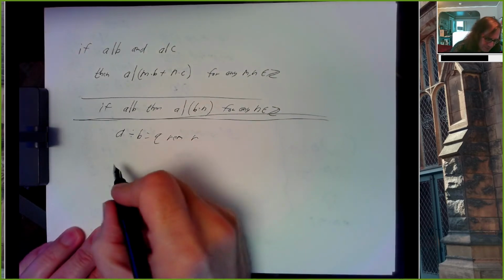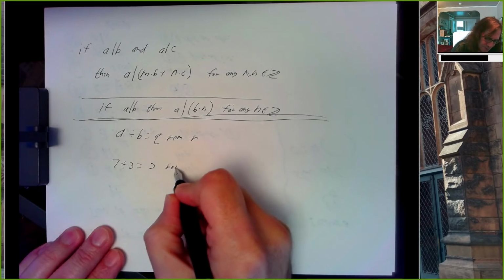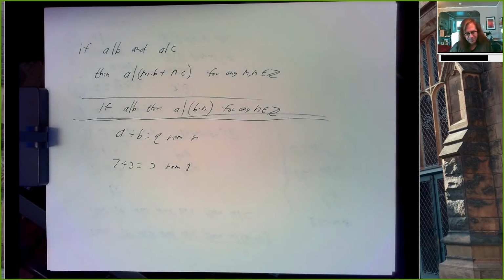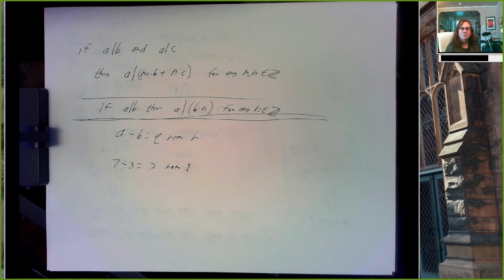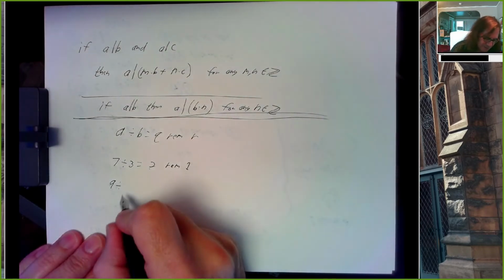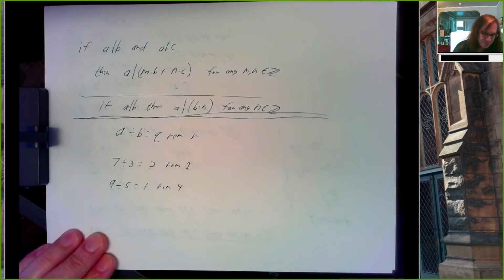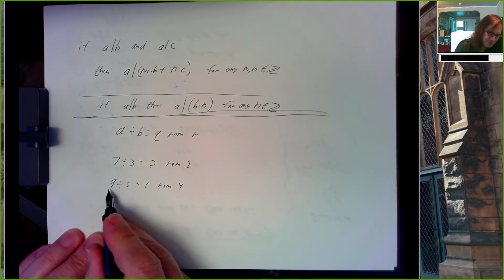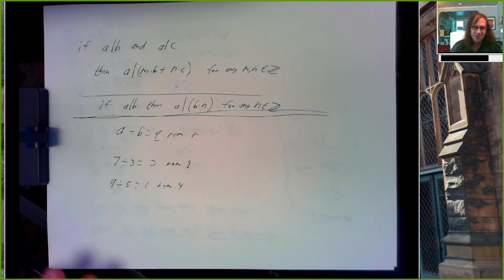So for example, 7 divided by 3 is 2 with a remainder of 1. 3 goes into this 2 times with one thing left over. Nine divided by 5 equals 1 with a remainder of 4. 5 goes into here once, almost twice, but not twice. It goes in once, and then you got 4 things left over.